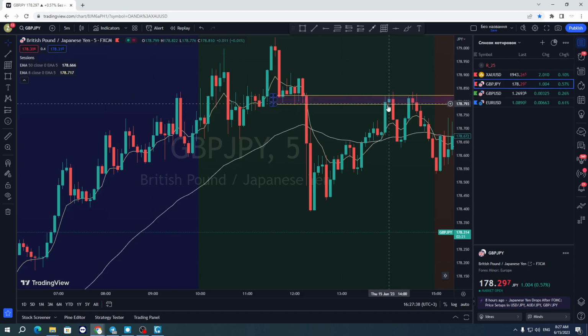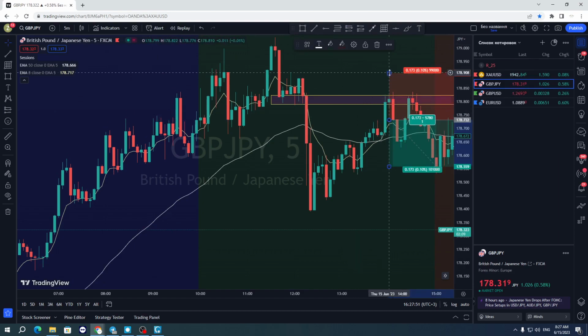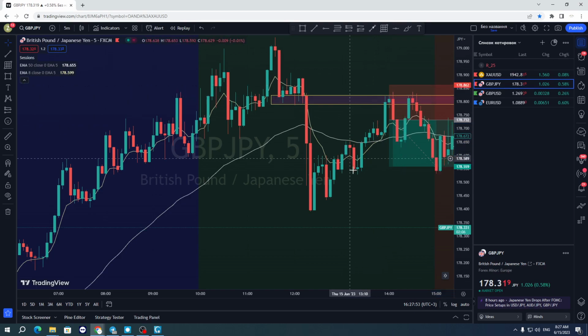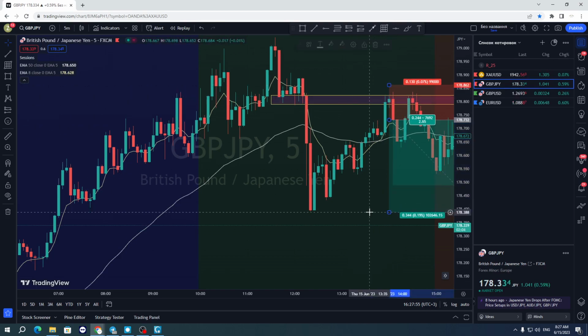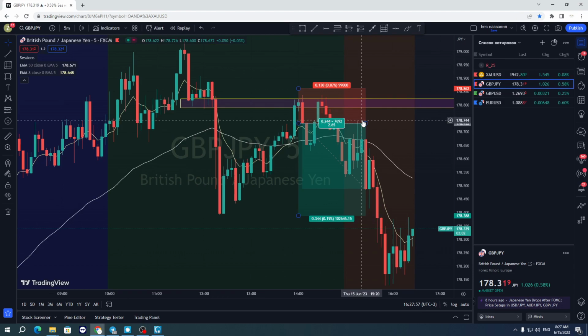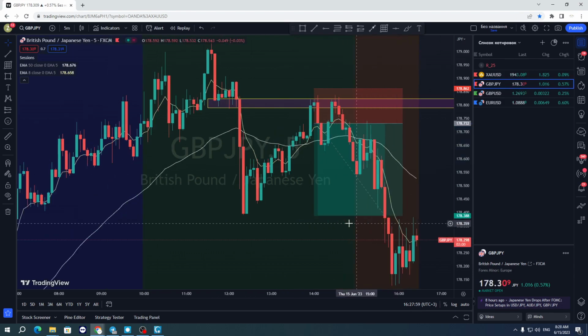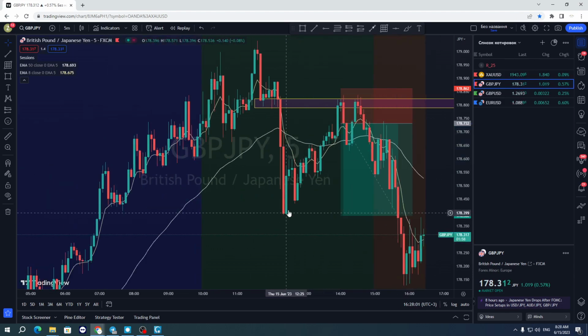And then when it gets here, yeah, you see, big candle, very small candle, and then a bearish engulfing. So what I did, I just entered right here, put my stop loss above this zone, and just targeted this low. Very simple guys, 2.65 RR, very simple trading strategy.